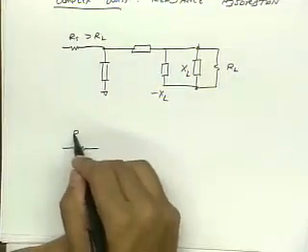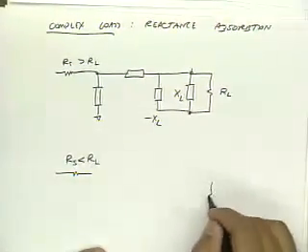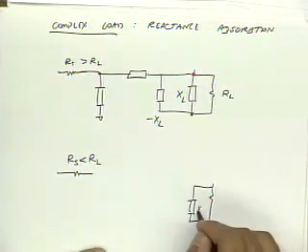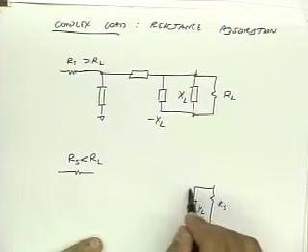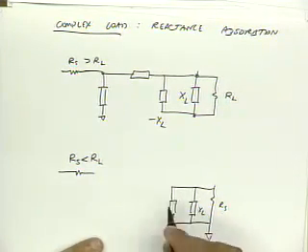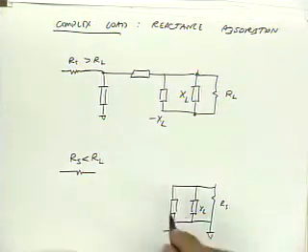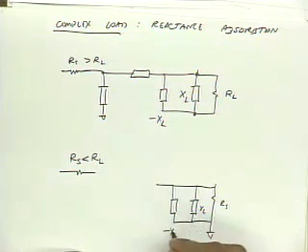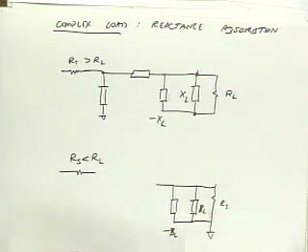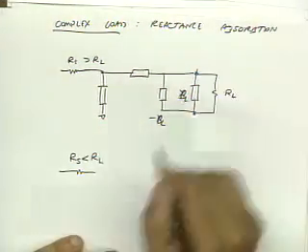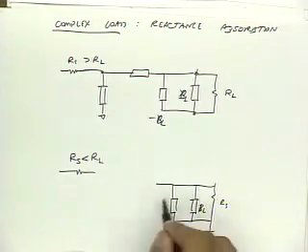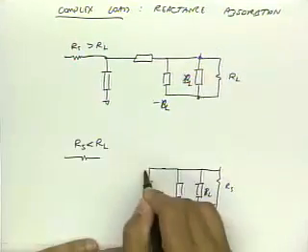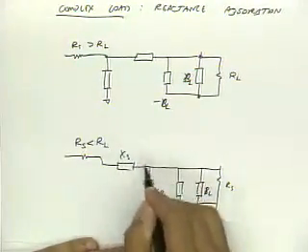So let's assume that RS is less than RL. What I first do is I connect minus XL here, and let's call this minus B because they're in parallel. So I put minus B here, cancel this out, and then I put in my XP and my XS here.